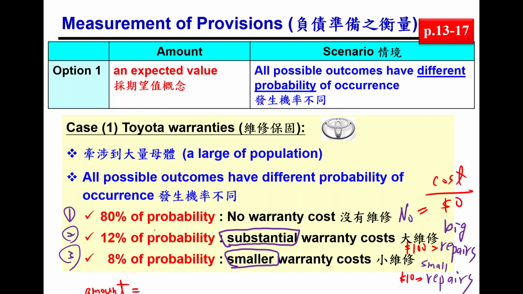So how do we get the best estimate? Expected value, right? First case, 80% for 0. Second case, 12% for $100. Third case, 8% for $10. This is how I got the amount.